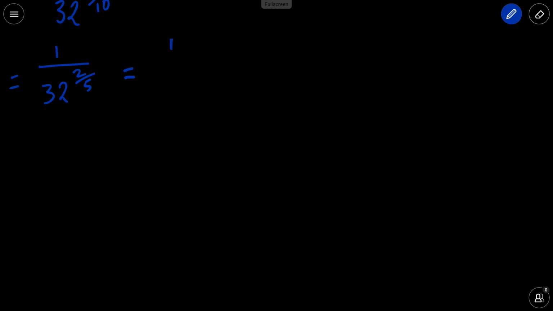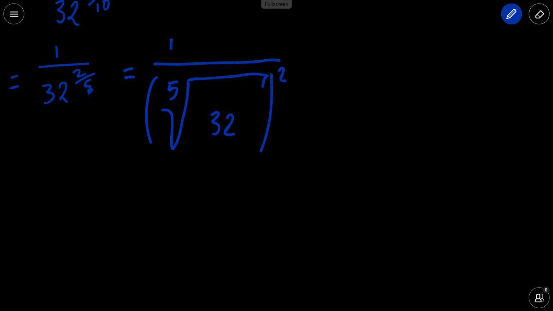So that's 1 over, remember, the number in our denominator becomes which root we're taking. So we take the 5th root out of 32. And this is all squared because 2 is this little number in our exponent, in our numerator.